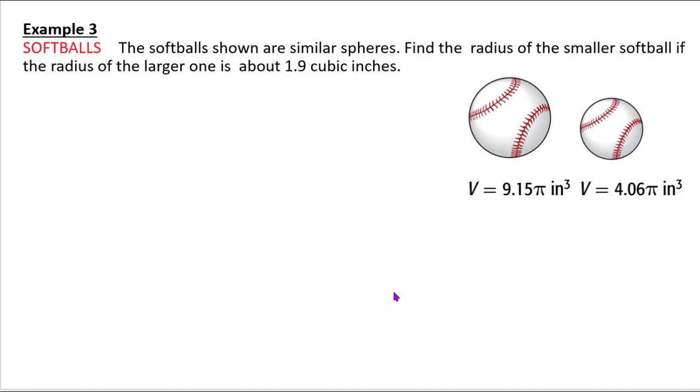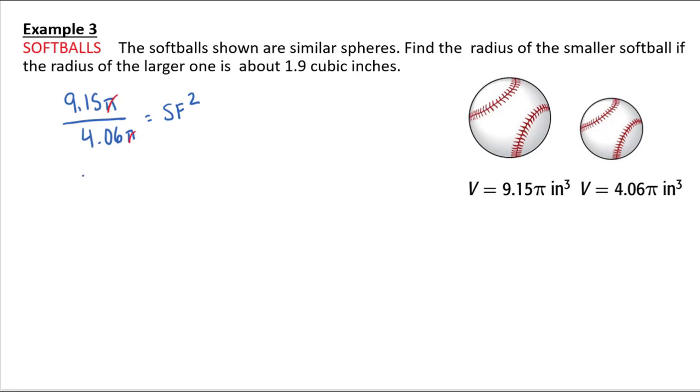Okay. The two softballs shown are similar spheres. Find the radius of the smaller softball if the radius of the larger one is 1.9. So volumes here. 9.15 pi over 4.06 pi is our scale factor. First, realize we can cancel out the pi's.